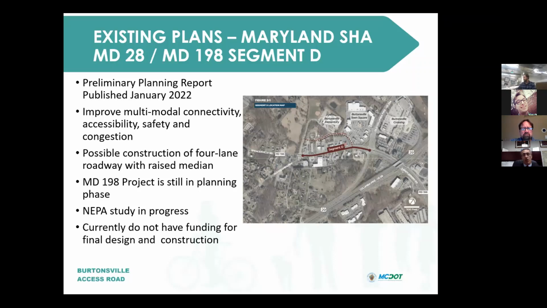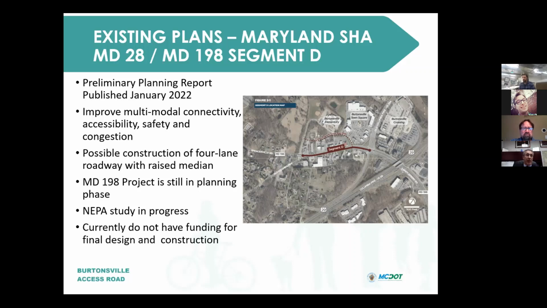The projects are somewhat not connected, but related in the sense that as part of the options or alternatives that SHA has been considering is one where they would put a median along Maryland 198, especially on this stretch, Segment D, which would affect the access to the businesses on the north side.